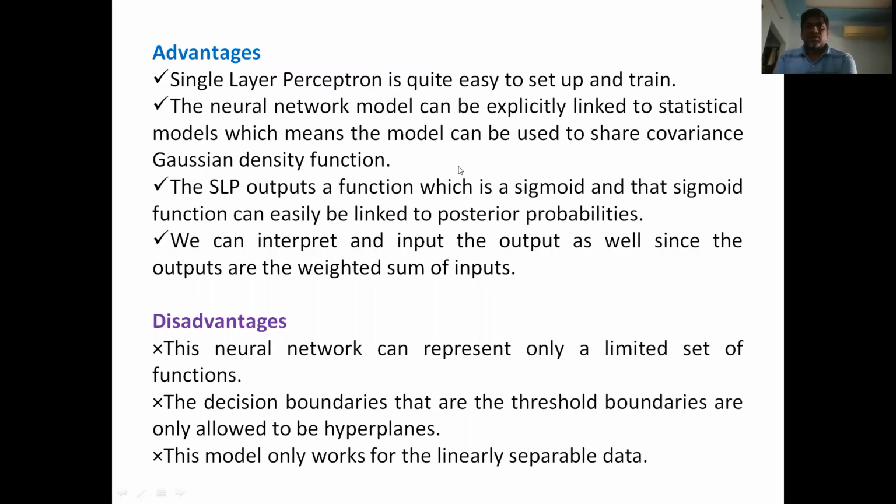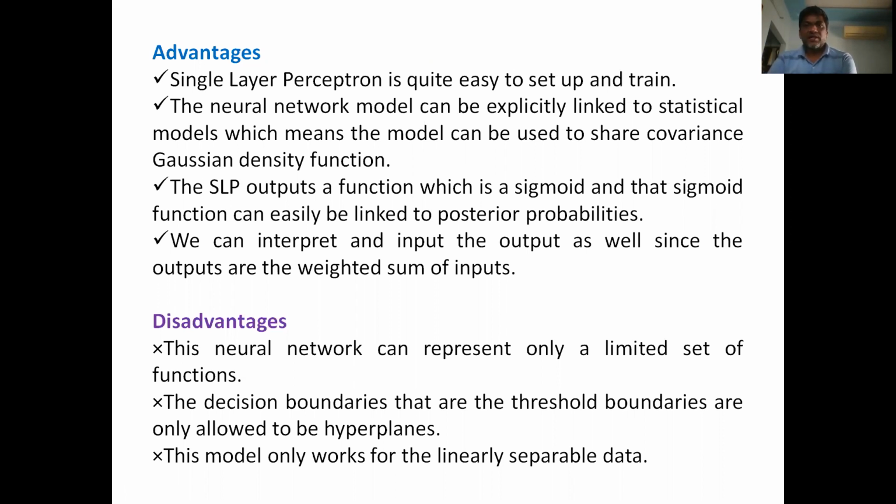And coming to this last topic, advantages and disadvantages of perceptron learning. There are a few advantages with perceptron learning. The first advantage is it's very easy to set up and train because it is the simplest form of artificial neural network.